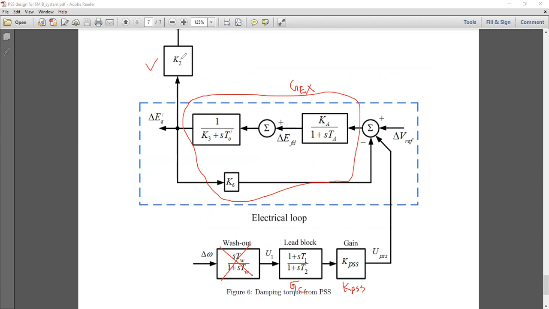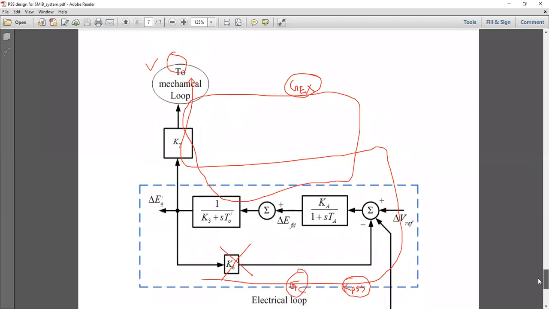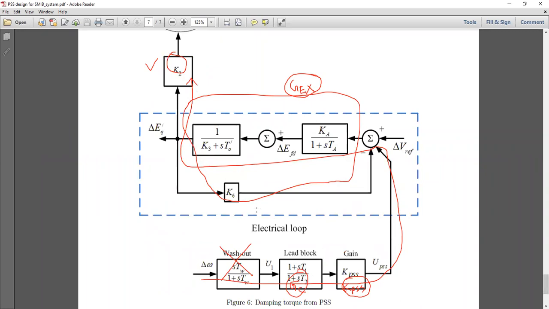So these are the 4 terms appearing there: K2, GEX, GC, KPSS. This is the path of signal flow. Through K2, it will affect the mechanical loop, go into the mechanical loop and inject some damping. So this is why these 4 terms are appearing there.